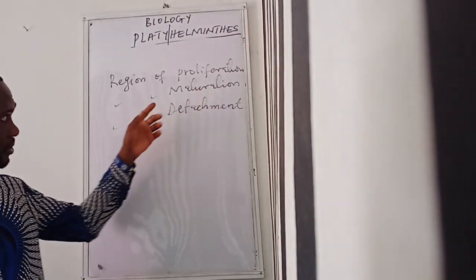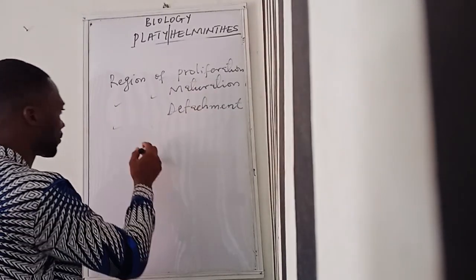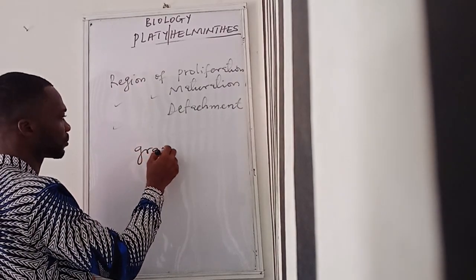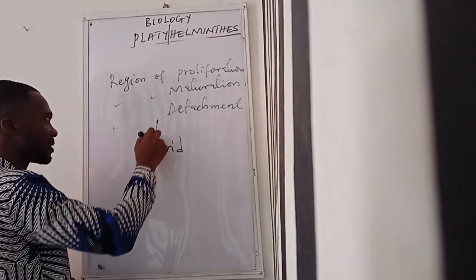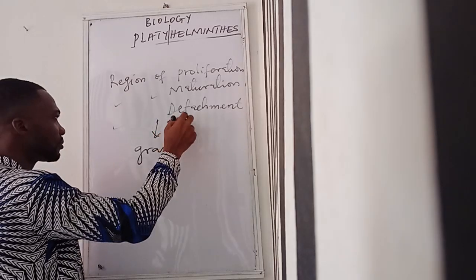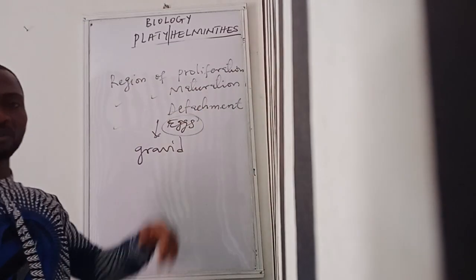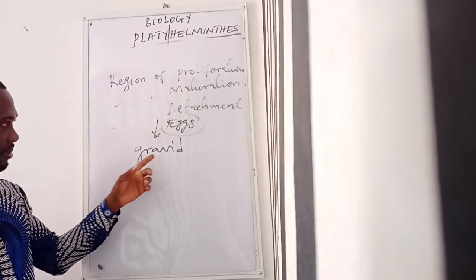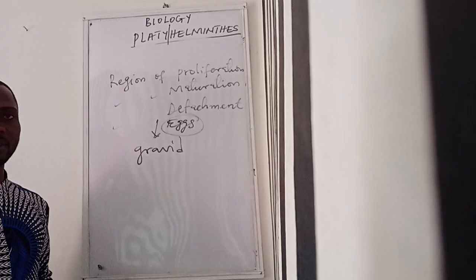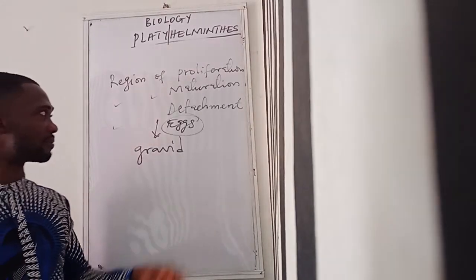But then let me say something here. For a segment that has eggs, remember I said that eggs are produced within this region of maturation. So any segment that has eggs is said to be a gravid segment.